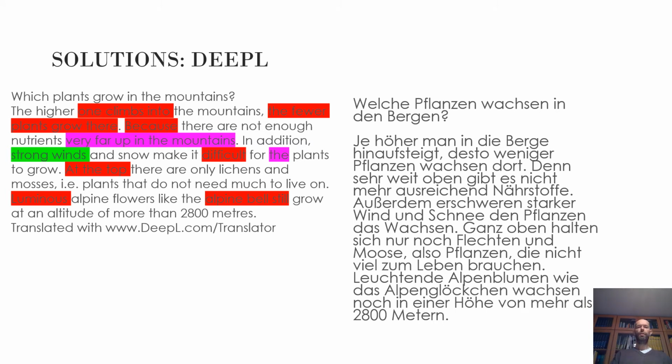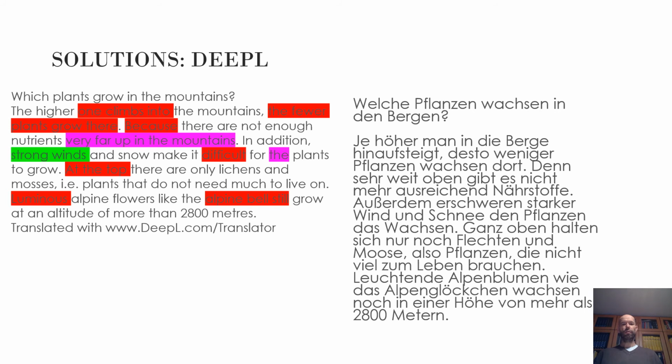Difficult, we said difficult is not a good choice for various reasons, which I'm not going to go into again now. At the top is wrong because we're not talking about the summit. It says ganz oben in German, but of course at the top we don't have anything. Nothing usually grows at the top of high mountains.